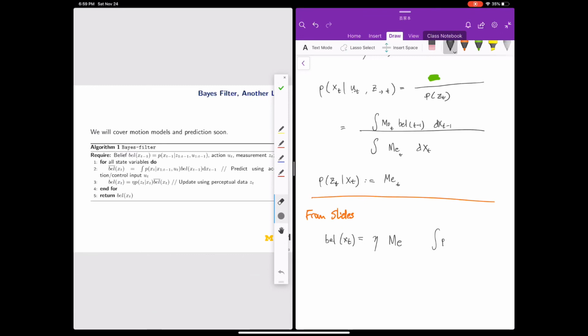So this is the measurement model at time t, this is the motion model of time t times the belief xt minus 1 dxt minus 1, right?